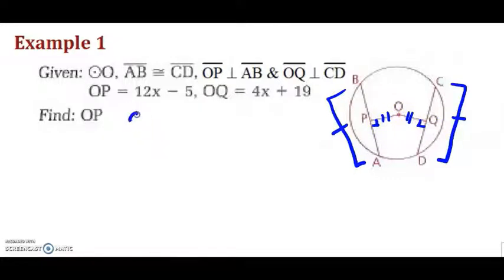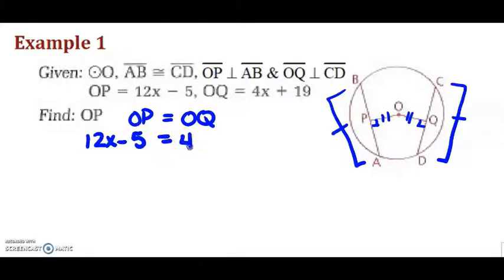So now I can say that OP is equal to OQ, and then substitute the algebraic expressions that they gave me. If I subtract 4x from both sides, I get 8x minus 5 equals 19.